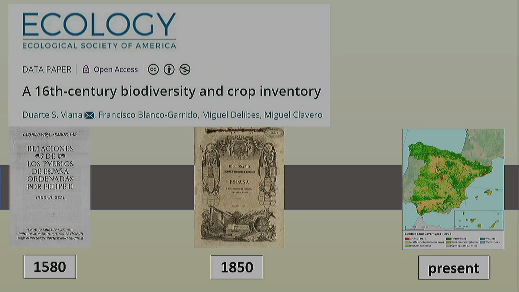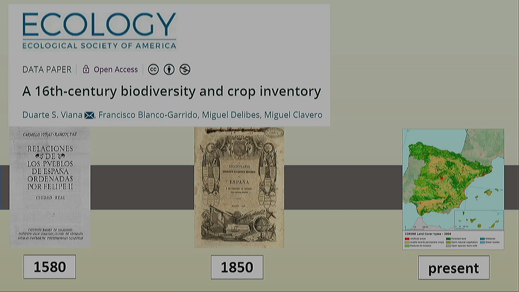But then we have some information from older sources. We mined these Relaciones Topográficas de Felipe II, which is a questionnaire that was done in Spain in the 16th century. It was supposed to cover the whole of Spain, but in the end it was limited to some villages in, let's say, central Spain.